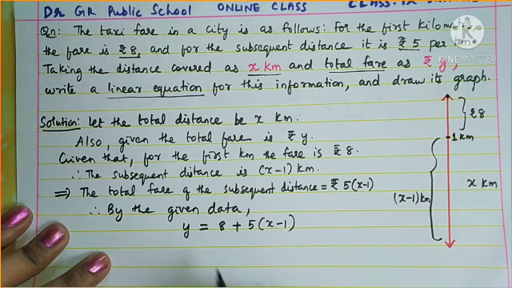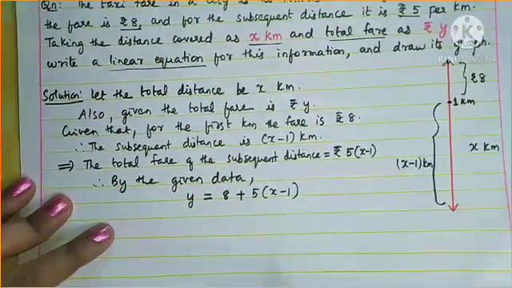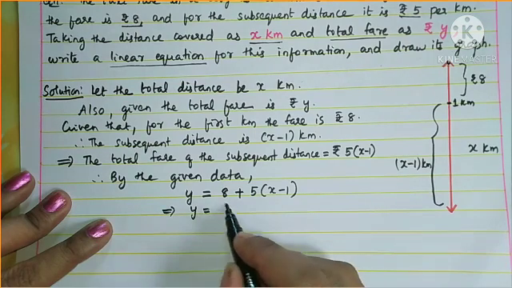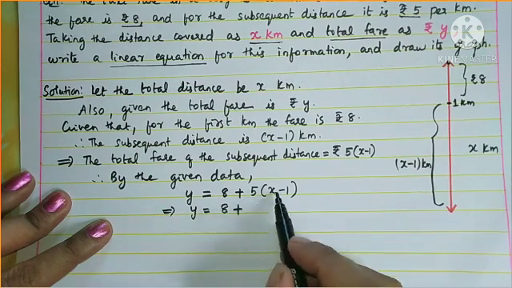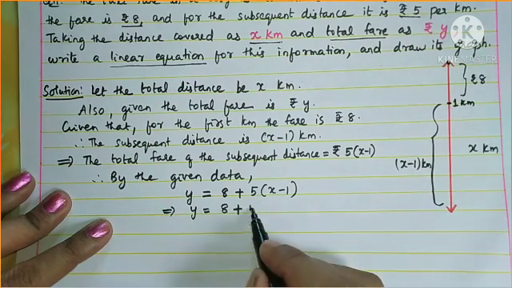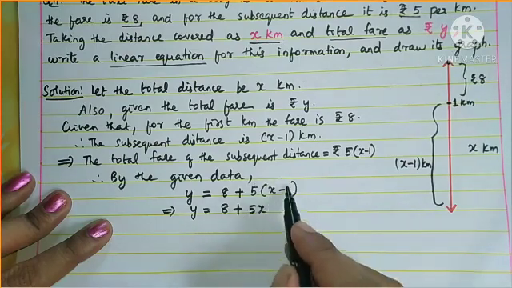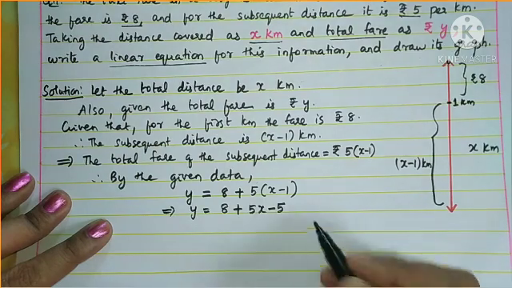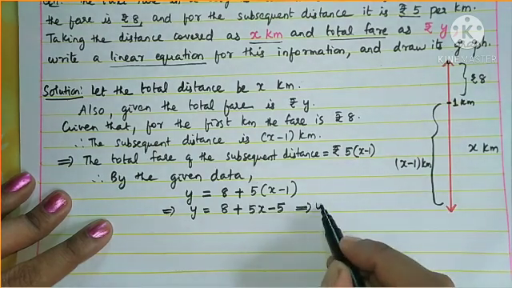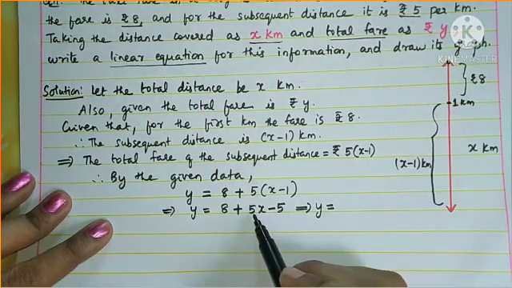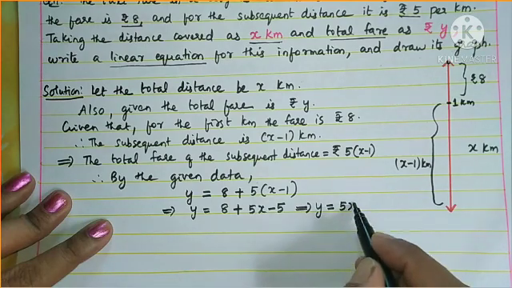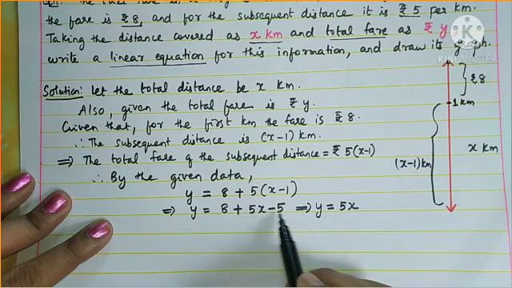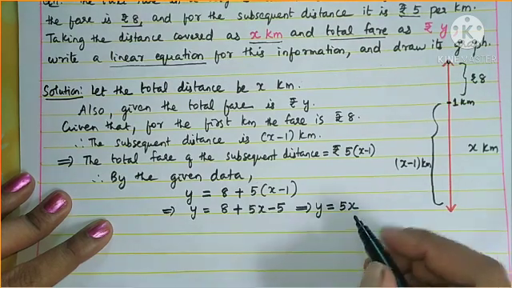Now can you simplify this equation again? Yes, this implies y equals 8 plus, open the bracket, 5 into x, 5x, and 5 into minus 1, minus 5. Again you can simplify this equation. This implies y equals 5x. What is 8 and minus 5 when combined? 8 minus 5 is plus 3.